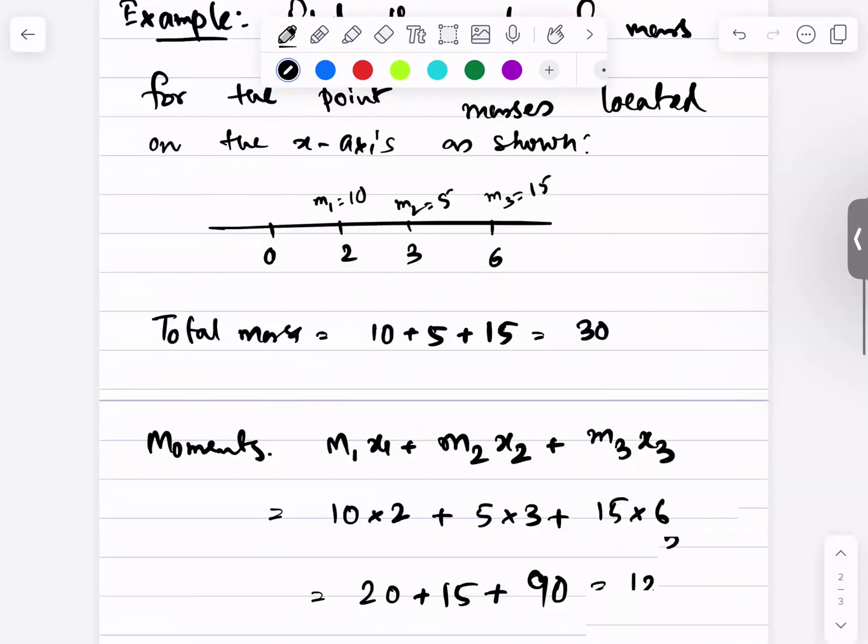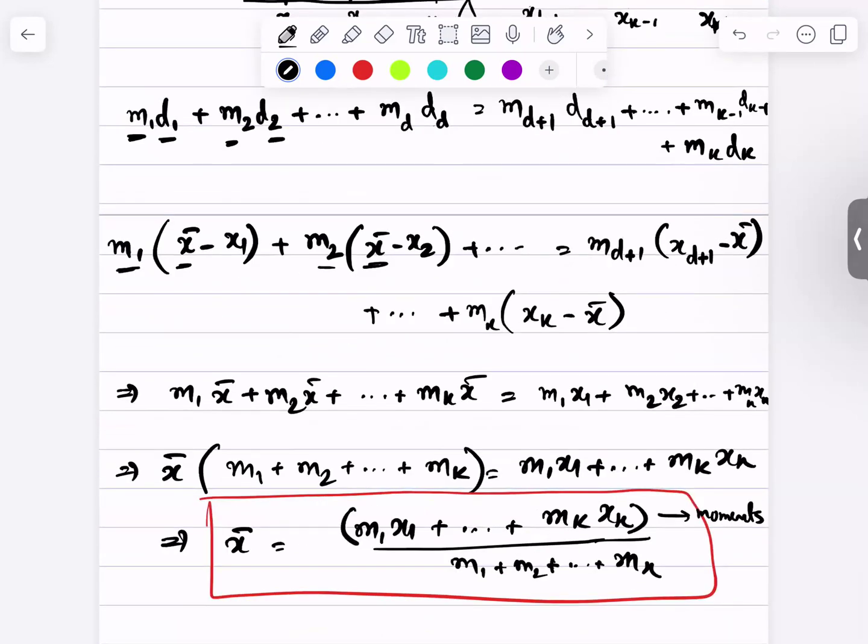Because remember, moments were what? Each of the small point masses times where they are at, and you take the sum of all of those.